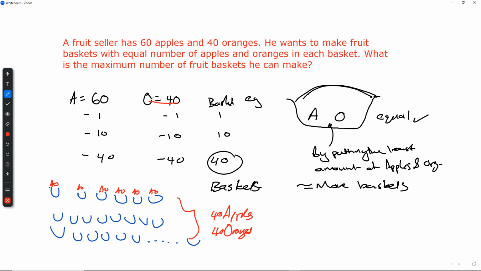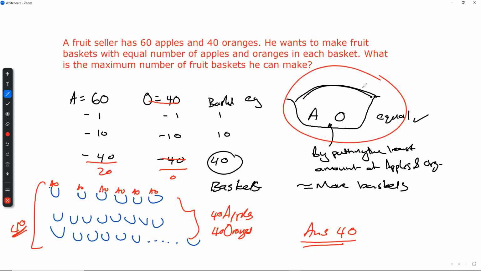And then the oranges will be finished. But I'll still have 20 apples remaining. So the maximum number of baskets would be 40 baskets. So the answer would be 40. So I have 40 of these, basically. Okay.